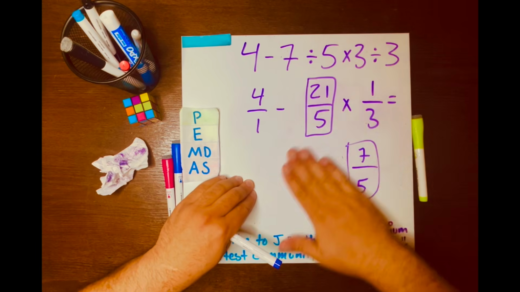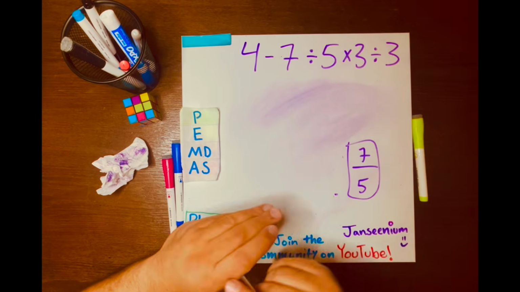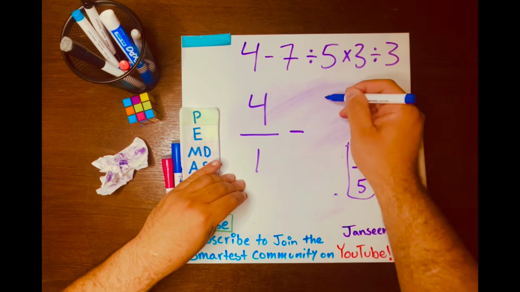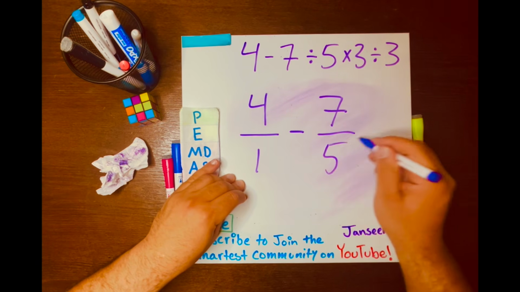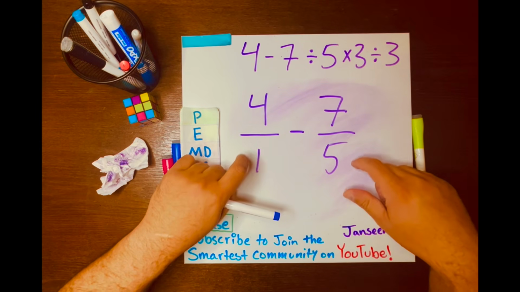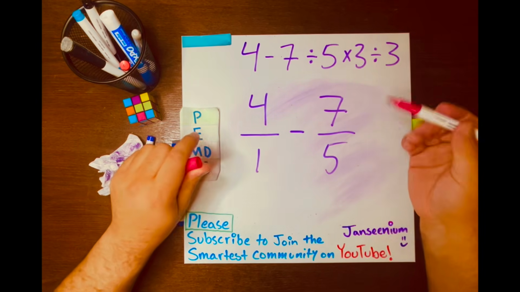Next, I'll erase all this and write 4 over 1 minus larger on the board. So 4 over 1 minus, and then rewrite 7 over 5 larger on the board. And now, notice the denominators are different. So I use the butterfly method, and I'll use a different color.